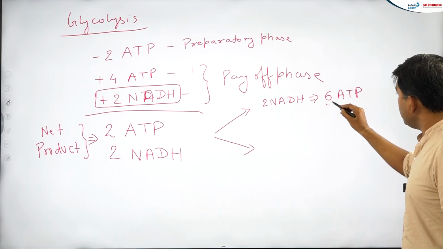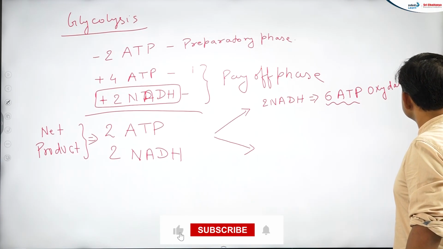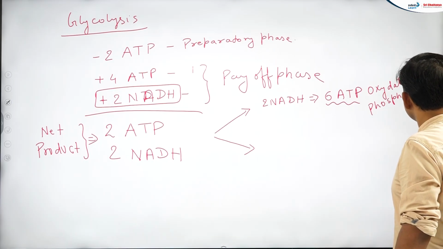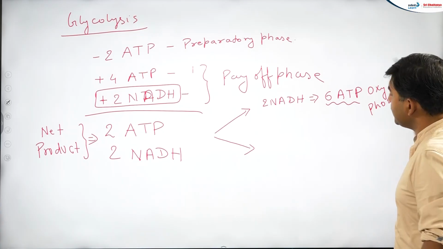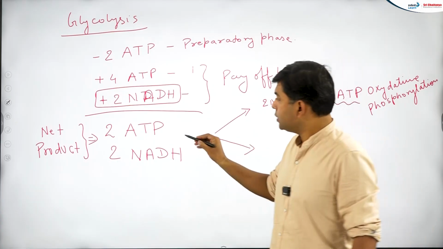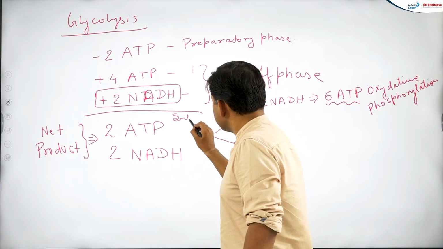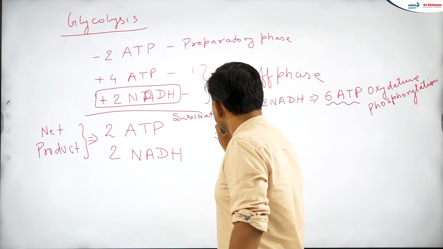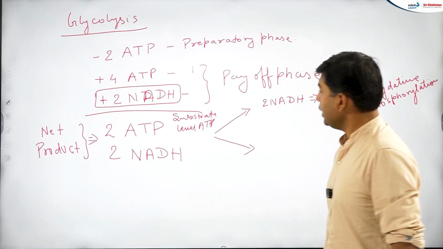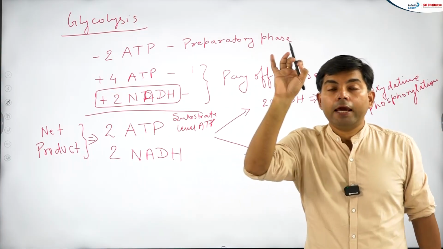So 6 ATP from oxidative phosphorylation, and 2 ATP from direct production, that is called substrate level ATP. This is the substrate level ATP. Substrate level ATP. So we are now talking about the aerobic respiration.